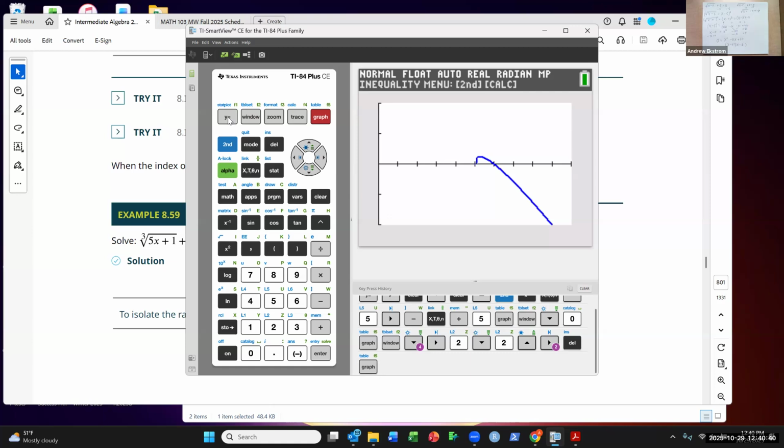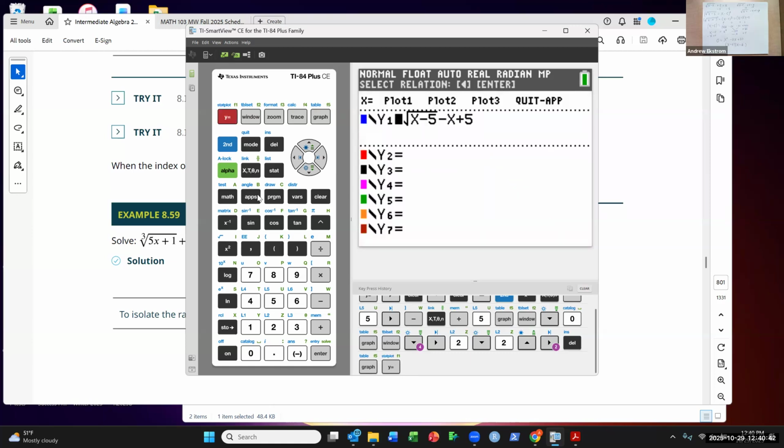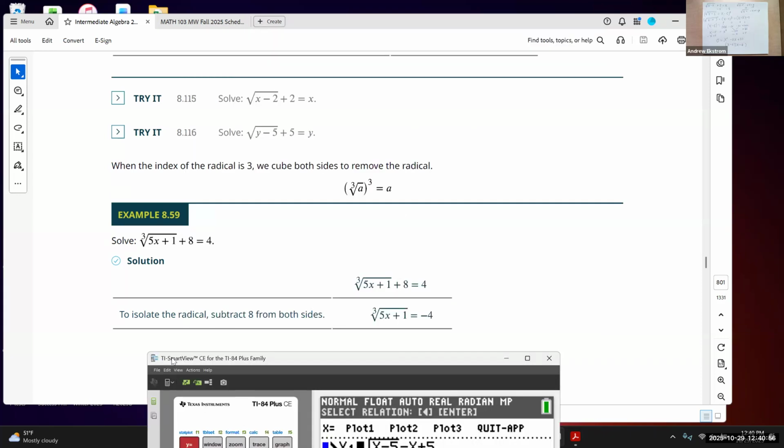So keep in mind, did I do any factoring here? Or did I just move things around so that I could graph it? And when we look at the answers that I got originally, x equals 5, x equals 6.